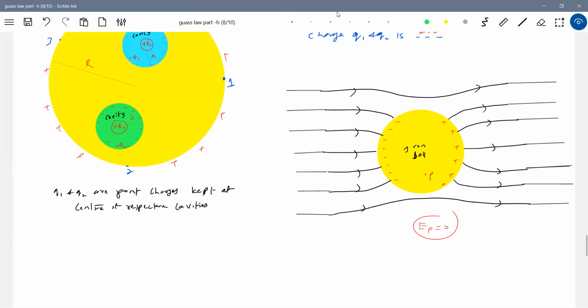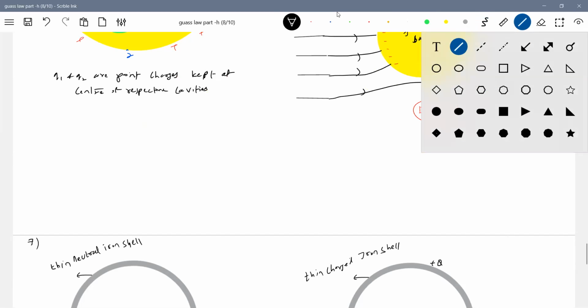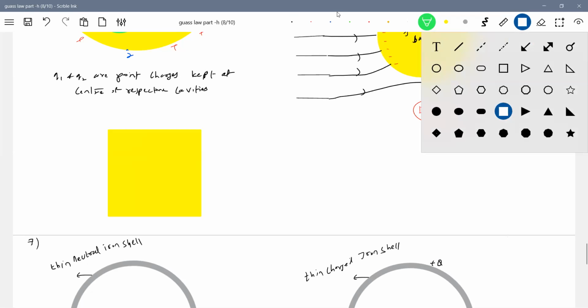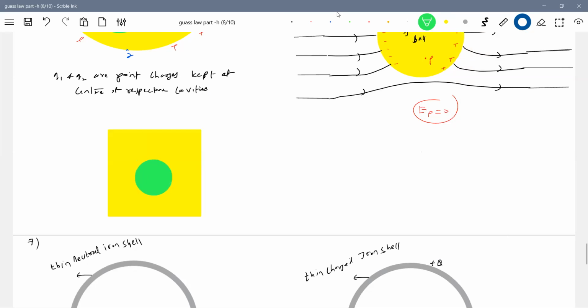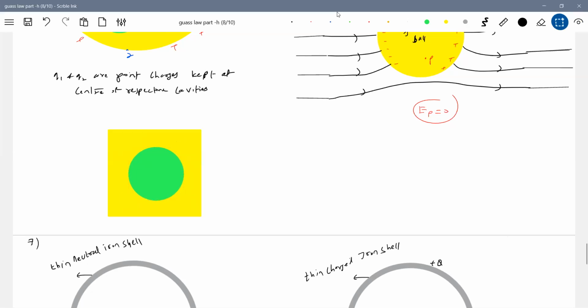Similarly, I'll make a cavity in the iron ball, then we'll see what conditions will fit. So here, let me take a spherical cavity inside this, and a uniform electric field is present.